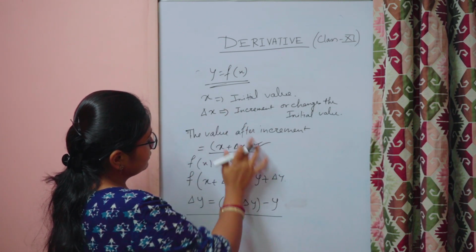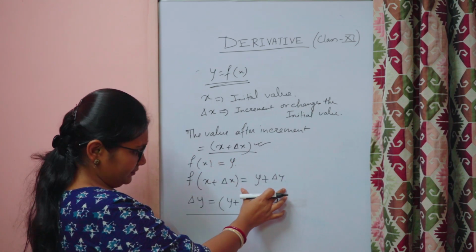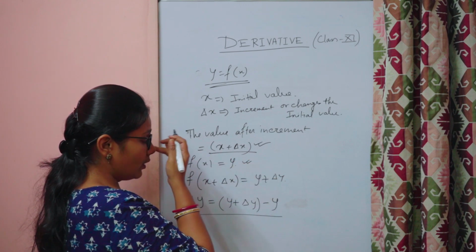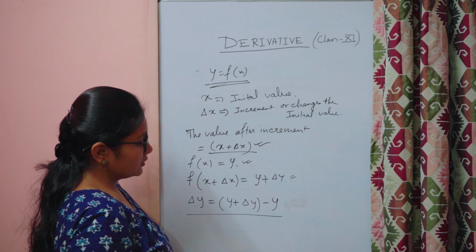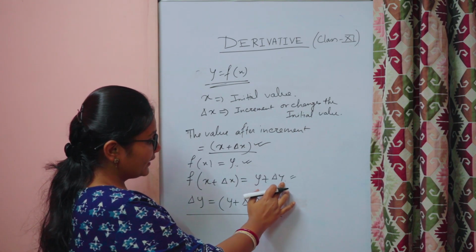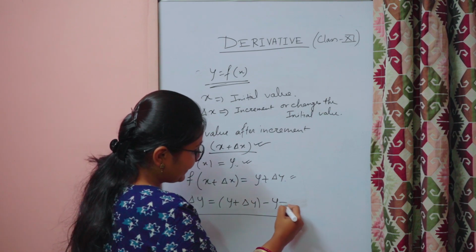When you take this value in the function, this is the initial value of the function y and this is the final value for the dependent variable y. Now this is the change for the dependent variable.